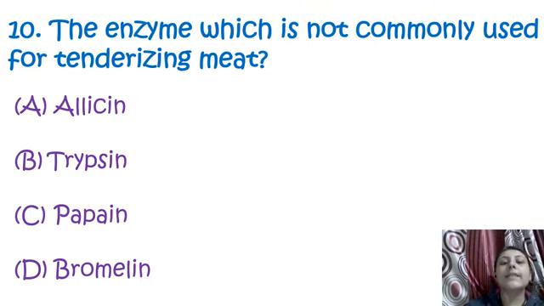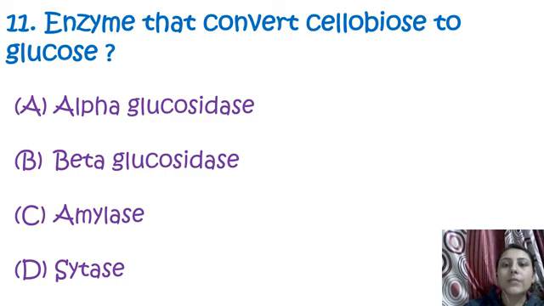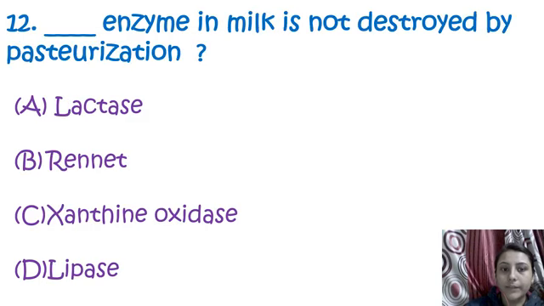Next question is, the enzyme which is not commonly used for tenderizing of meat. We have already discussed this question. Trypsin, papain and bromelain are the enzymes used for tenderizing of meat, and allicin is the enzyme which is not used for tenderizing of meat. Next question is, enzyme that converts cellobiose to glucose, and the answer is beta glucosidase.